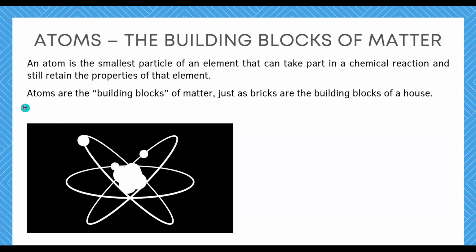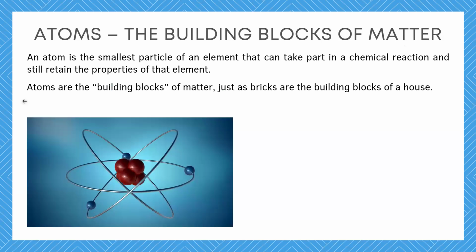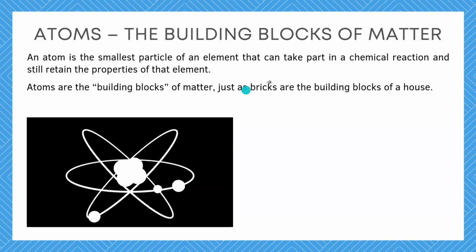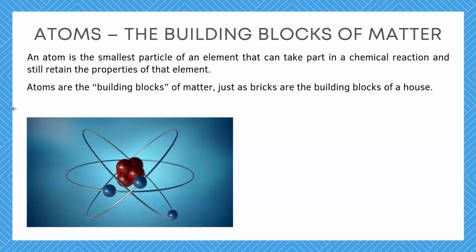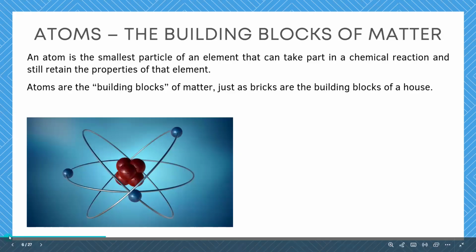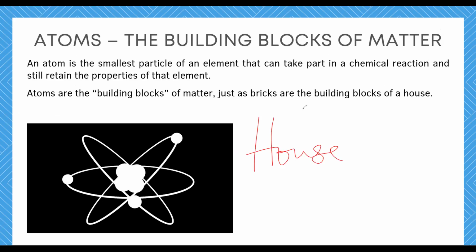So, the last part where we stopped was the atom. We started off by saying the atom is the smallest particle of an element that can take part in a chemical reaction and still retain the properties of that element. And then I was giving an example before the network went off. When you want to build a house, the materials you use for building are called blocks or bricks. Is that correct?